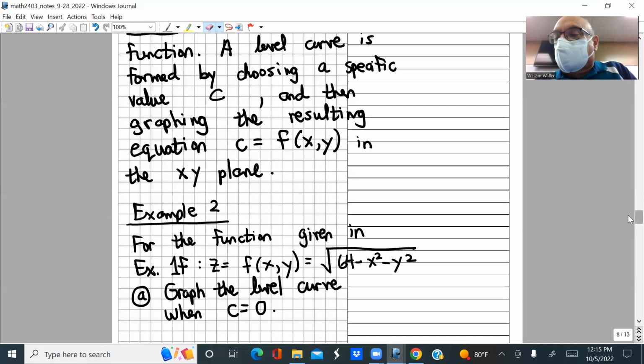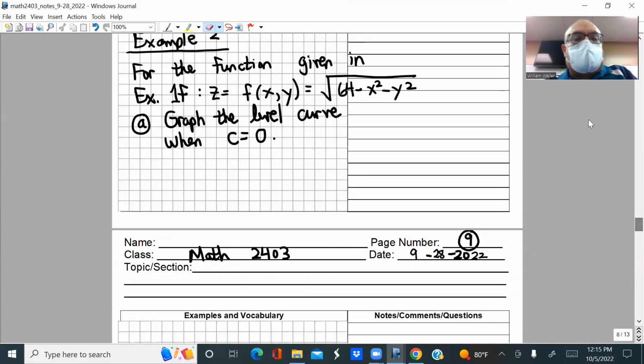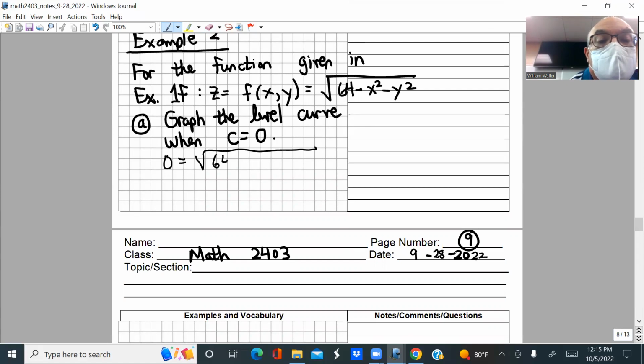Just do the algebra to see this, right? So you just set z to 0. So you get 0 equal this square root. And then, of course, you're going to square both sides, just like we did before. Of course, when we square 0, doesn't amount to anything. So we get this. And then just move the x, y terms to the left-hand side.